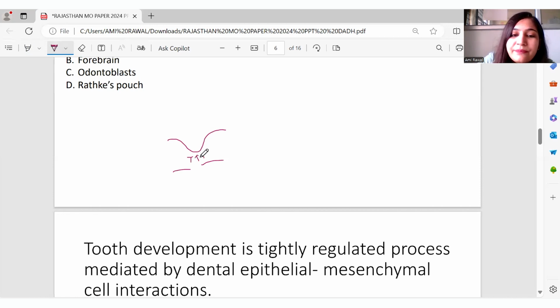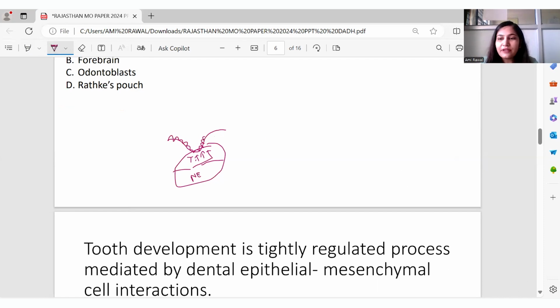They send signals to the epithelium, leading to the proliferation of the epithelial cells, forming dental lamina. So indirectly, what is involved in the formation of dental lamina is neural crest cells. This is the connective tissue portion and this is the epithelial portion, and this connective tissue sends signals to the epithelium, and the interaction between both of them leads to the initiation of tooth formation.